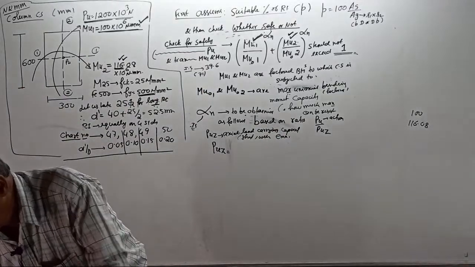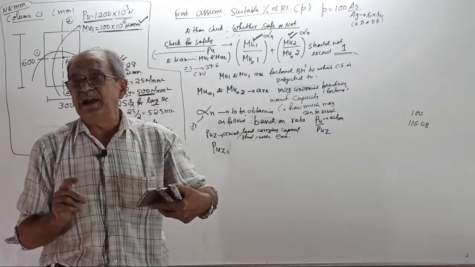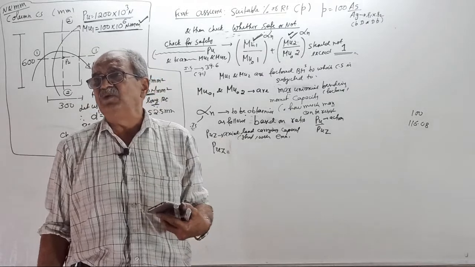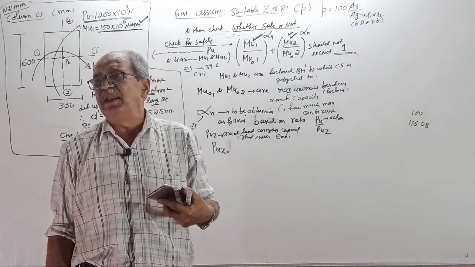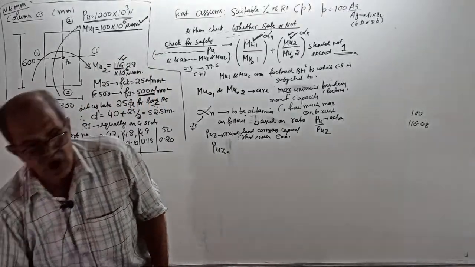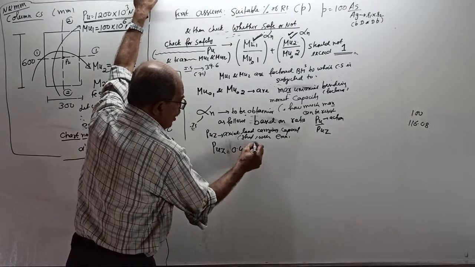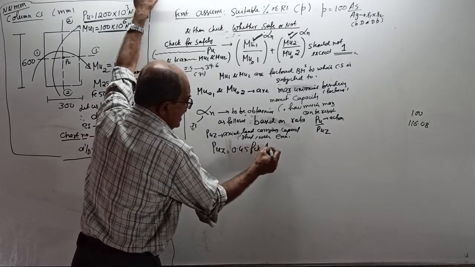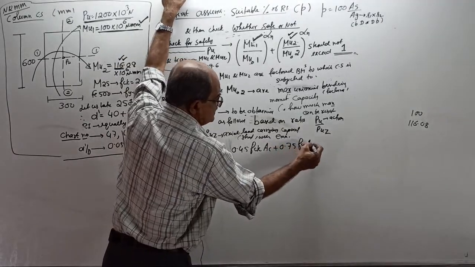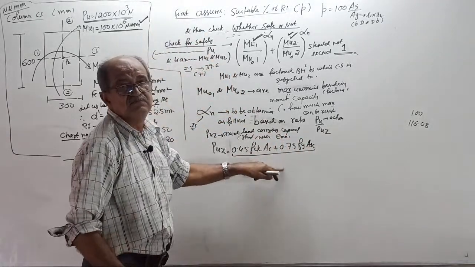The PU formula is 0.4 FCK into AC plus 0.67 FY into ASC. But for PUZ it is 0.45 FCK into AC plus 0.75 FY into ASC. Remember, this is the formula for PUZ.